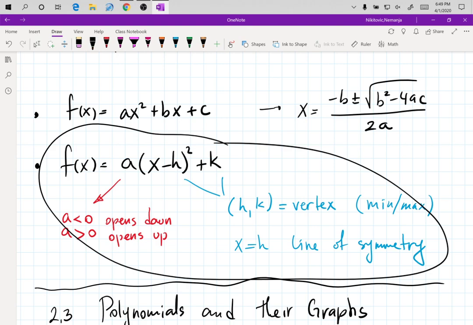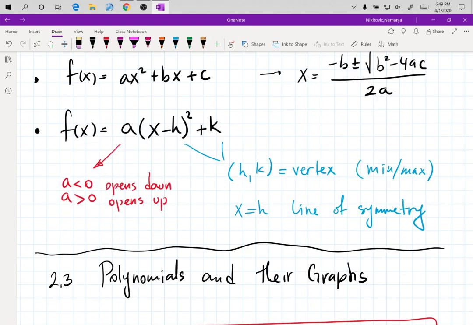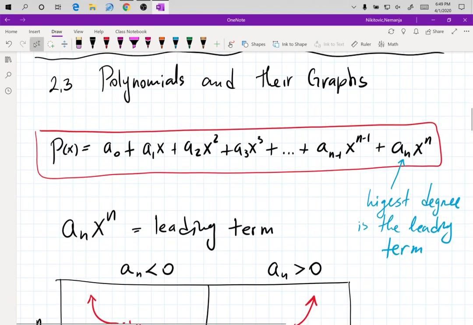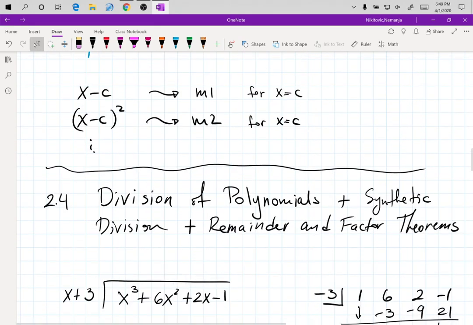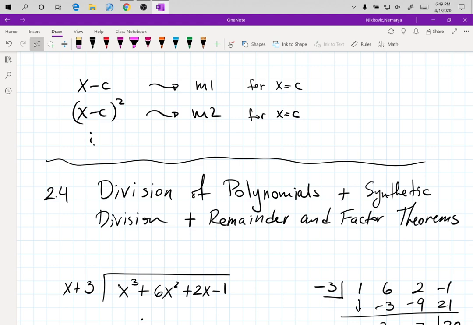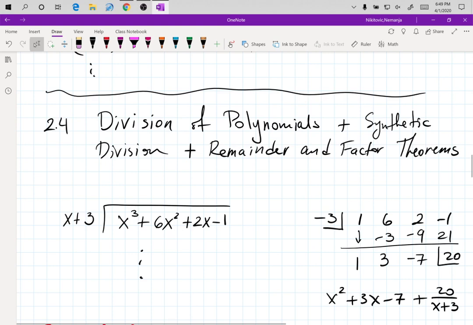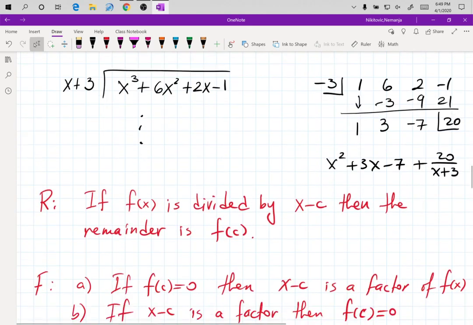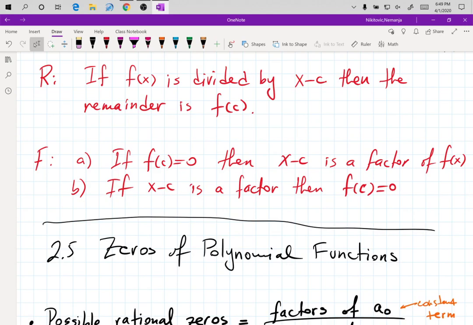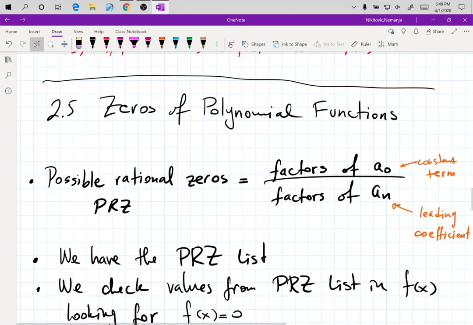The rest was also intermediate algebra. Polynomials and their graphs, you're literally learning two concepts: the leading term test and multiplicities. Division of polynomials: if you know the division algorithm for regular numbers, then you know it for this one as well. Synthetic division was new, and the two theorems to set up 2.5.